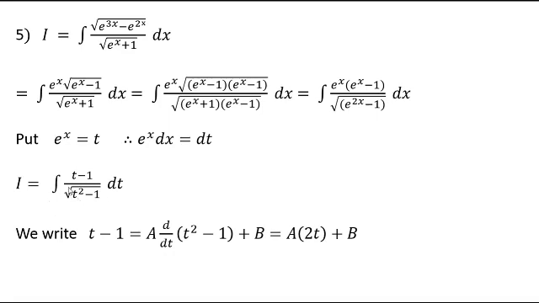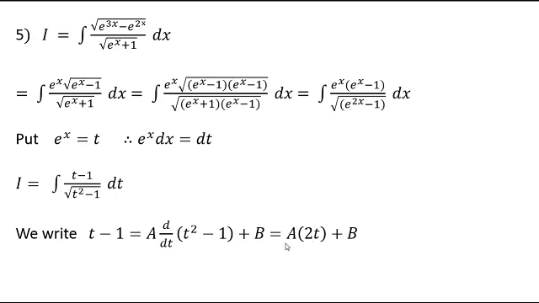Whether it is inside the radical sign or not, we have one mechanism, and that mechanism is to express the numerator as constant A into the derivative of the quadratic expression plus constant B, and we have to find the values of capital A and capital B. For that, differentiate this t square minus 1; its derivative is 2t.